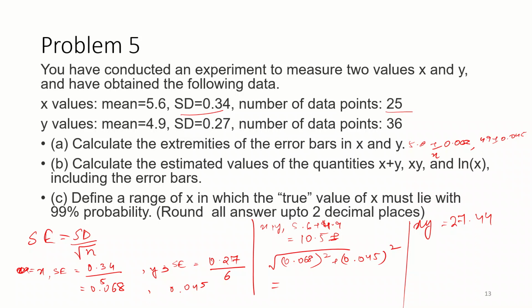And from the formula you can see that the standard error of xy is equal to 27.44 multiplied by the square root of (0.068 divided by 5.6) whole square plus (0.045 divided by 4.9) whole square.